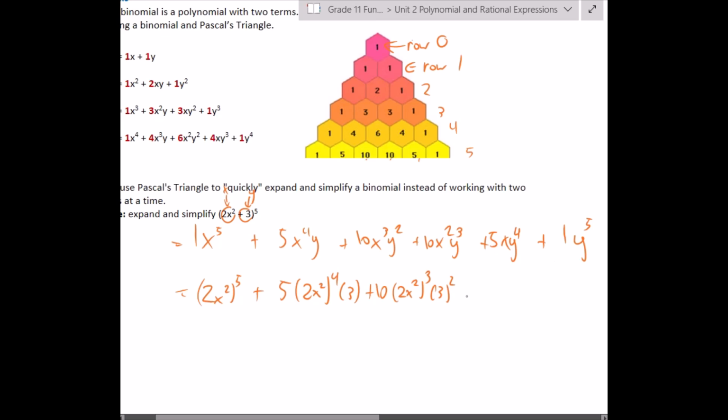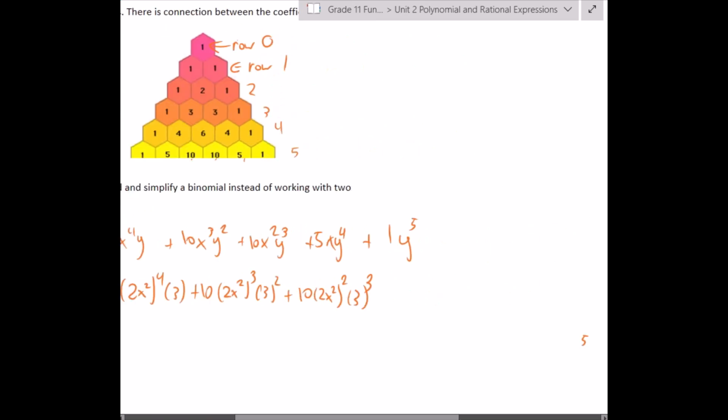As you see, it gets really tedious, very long here, plus 5 times (2x²) to the power of 1, which don't use, times 3 to the power of 4, plus 3 to the power of 5. It's a long process. It does take a while to write out, but trust me, it is way faster than doing the full expansion with the 5 brackets.